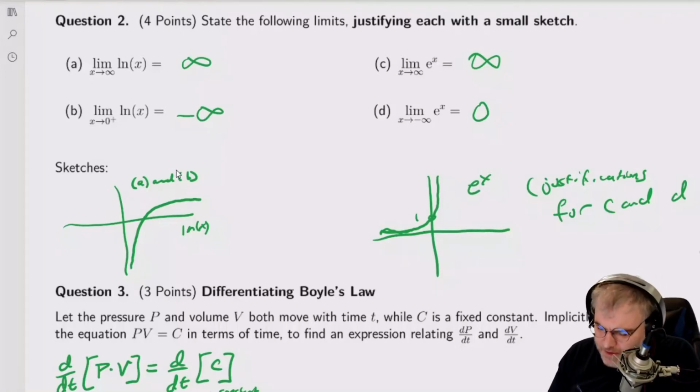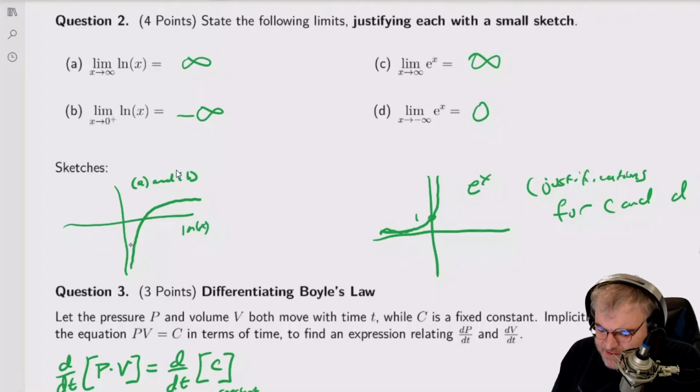This question 2 here, the idea of this question was you go on to Desmos and you print up the graphs of these things like log and e to the x, and they're inverse functions. So you wind up with this idea that I've got e to the x. For log, as I head to infinity, it goes on and on forever, except it does it very slowly.